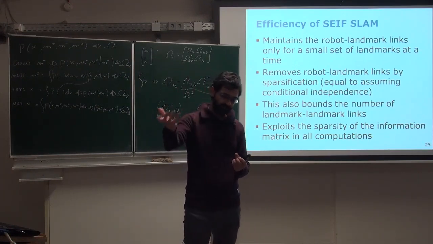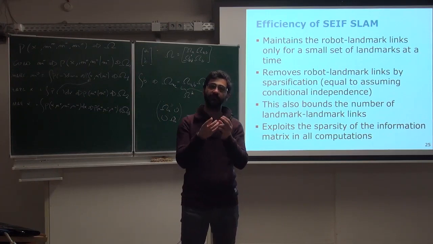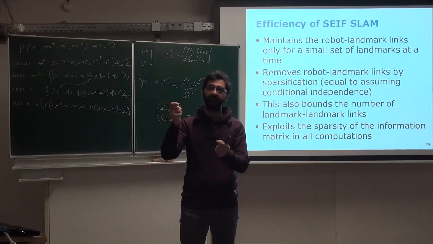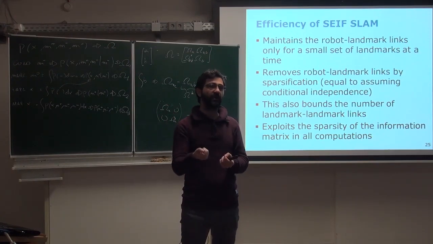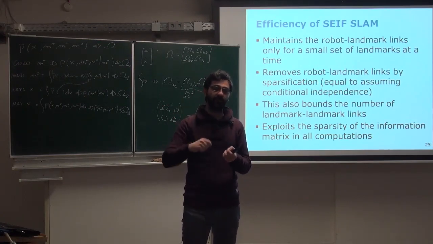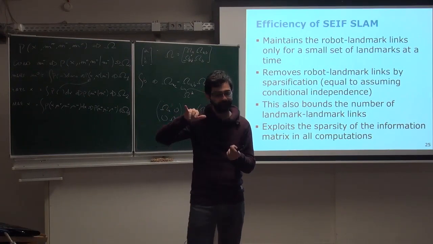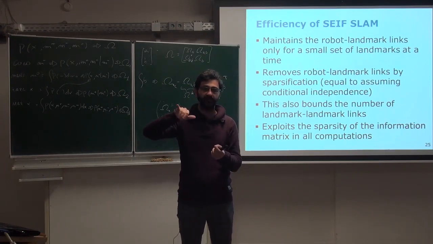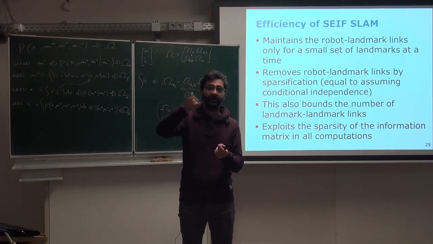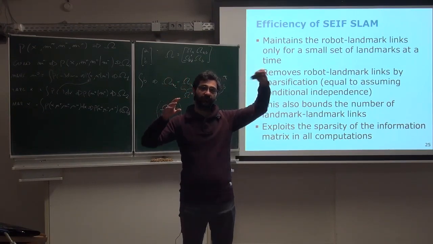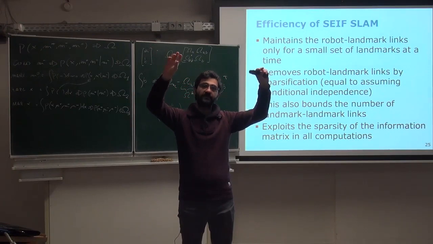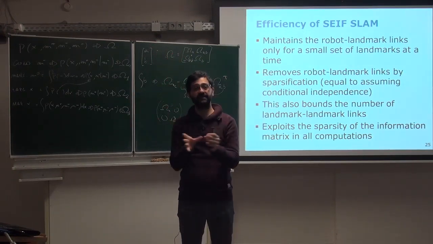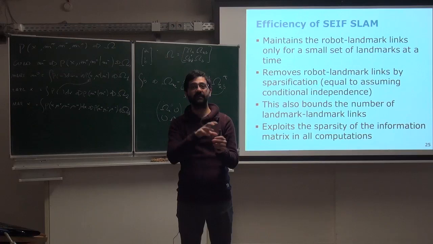This in turn also bounds the number of links between landmarks in the passive set, because if you remember, the reason why two landmarks get correlated or linked while doing SLAM in this extended information filter is because you marginalize the pose. So everything that was connected to the previous pose and the current pose gets connected to the current pose and to all the landmarks that were there before.